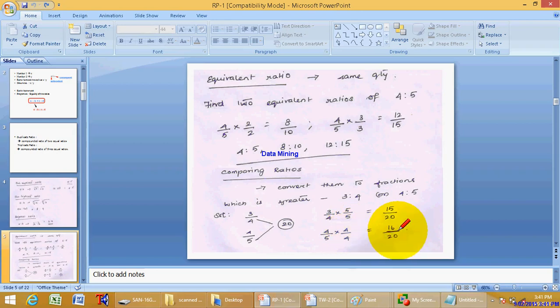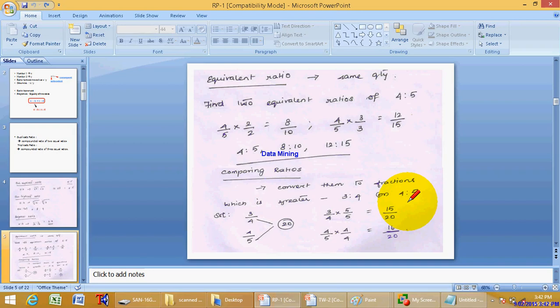Isn't it? So now the denominator is common. Now you can straight away compare these two ratios with the numerator alone. So now see the first term is 15 by 20 and the second term is 16 by 20. Just look at the numerator, which is greater, 15 or 16? 16 is greater. So obviously 4 by 5, that is 4:5, is the greater one.